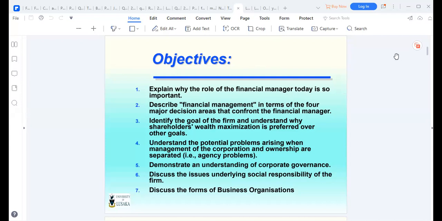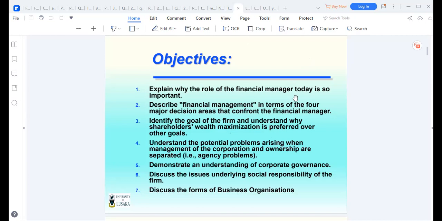In this regard, the objectives of this class will be to explain to you the role that financial managers do, and also to describe their decisions in 4 major terms. We're also going to identify the goals of a firm and understand why maximizing their wealth is more preferred to achieving the objectives of a firm.